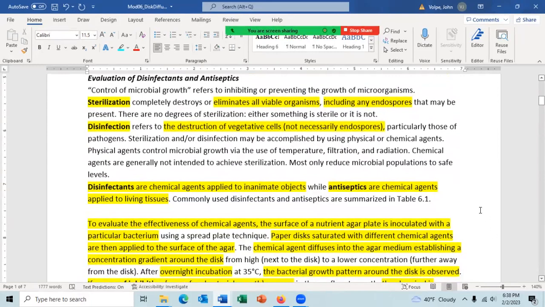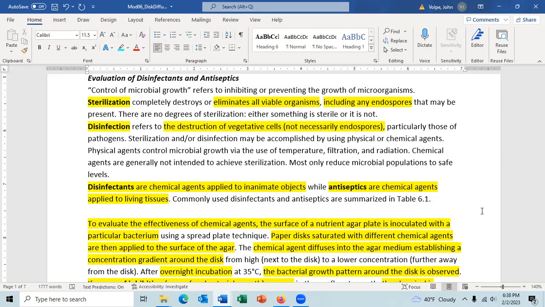So sterilization is completely eliminating all viable organisms, including endospores. This is usually done by very high heat or autoclaving. We do not usually sterilize living tissue because the treatment would kill the living tissue.